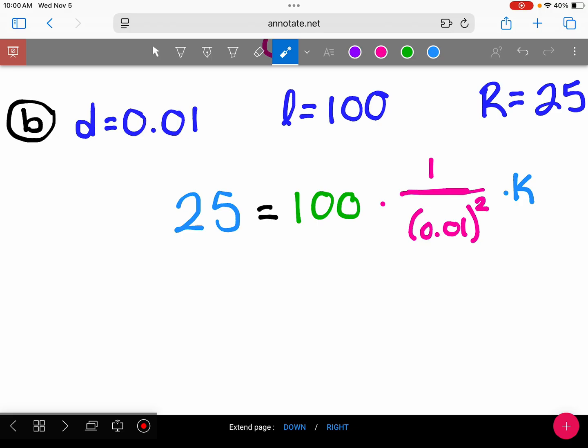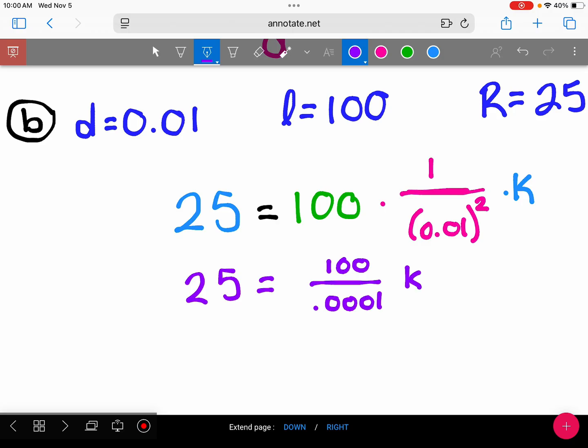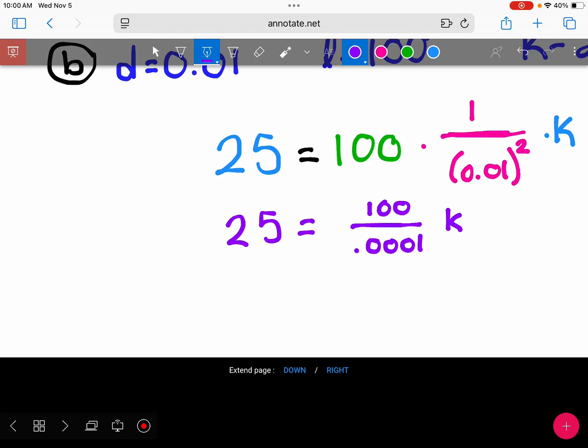Whatever it is we need to do. As we're working this through, we're going to wind up with 25 equals 100 over 0.0001. Okay, and simplify it like that. You could multiply both sides by our 0.0001 and then divide by 100. We could divide by 100 and then do the multiplying. Whatever it is we want to do, however we get there to get our K by itself.